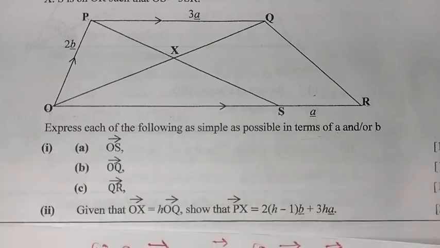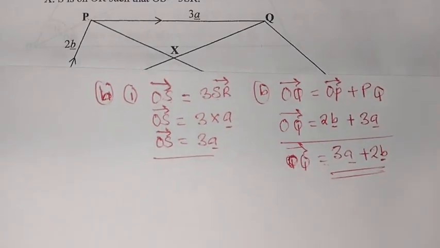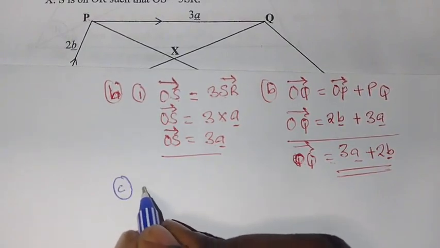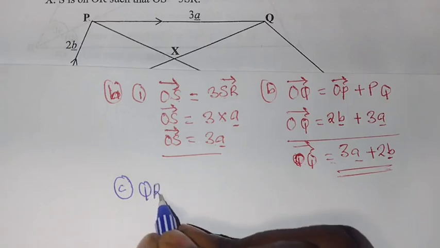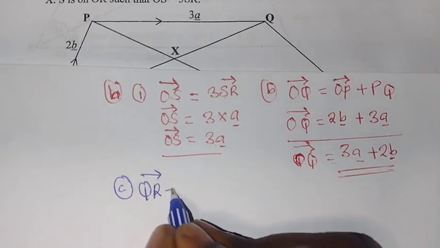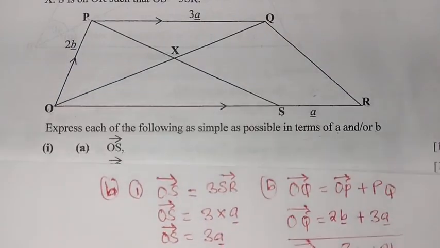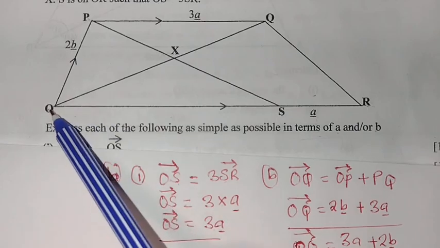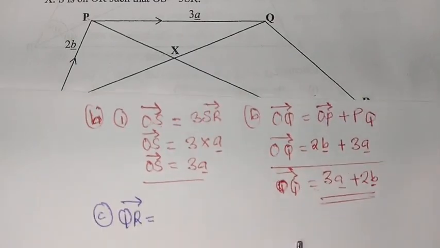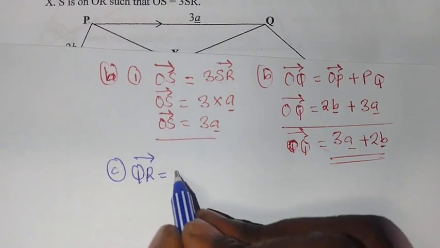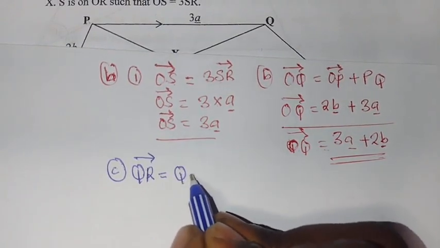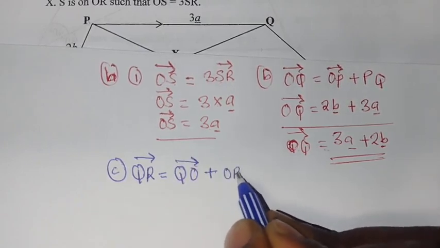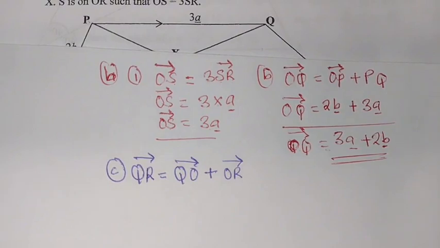So from here we are finding QR. So how do you move for QR? Remember the emphasis, I've said you need to move QO plus OR. This is what we are going to move.